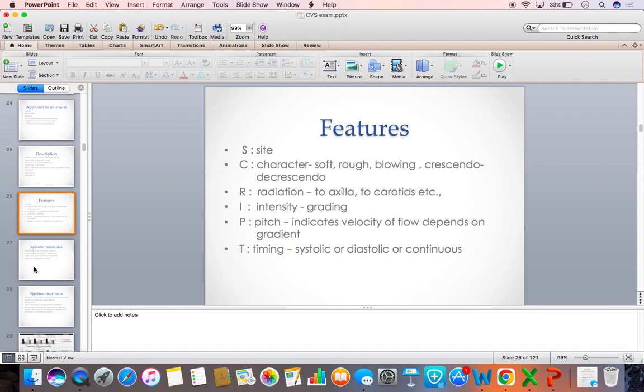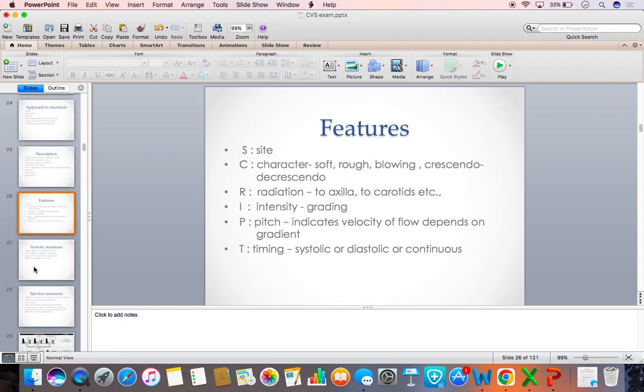Grade 1 is barely audible. Grade 2 is audible. Grade 3 is clearly audible but no thrill. Grade 4 is clearly audible, louder, associated with thrill.